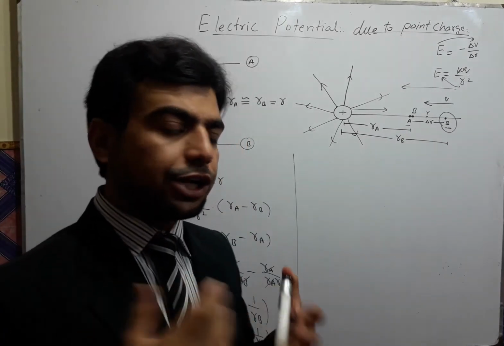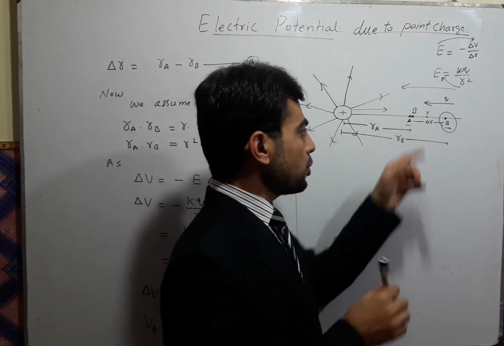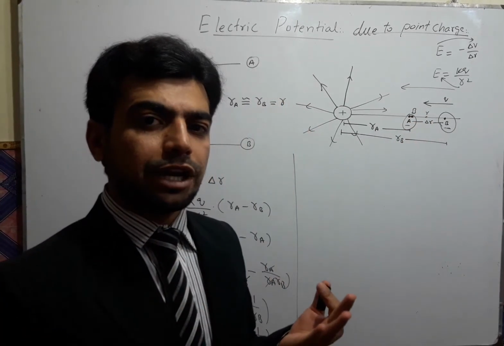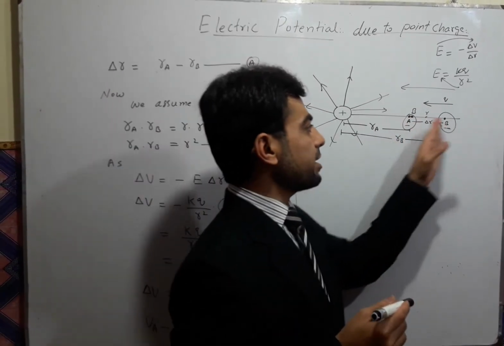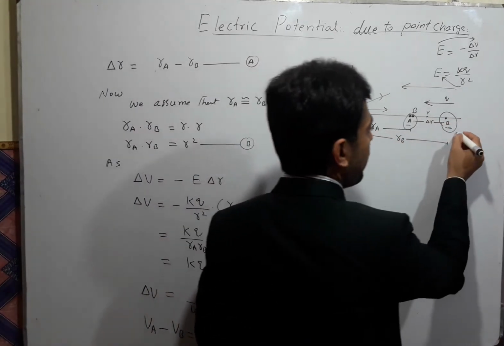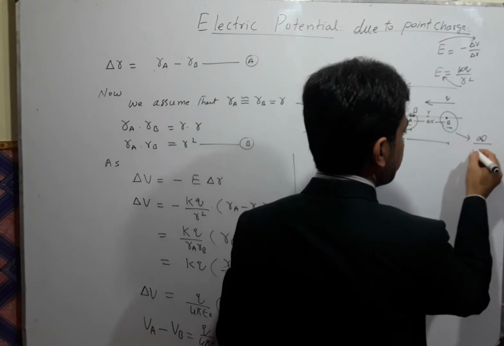If point A were at infinity, then point B would have to be at infinity too, because point B is further away from point A. So therefore we take point B at infinity.